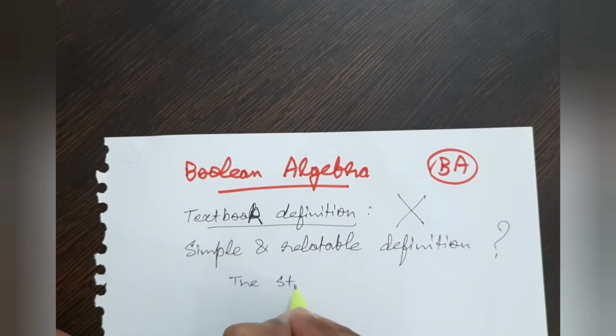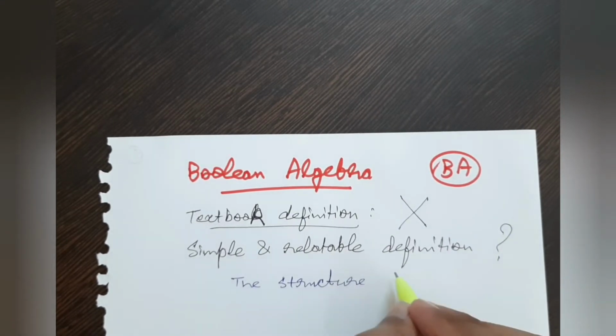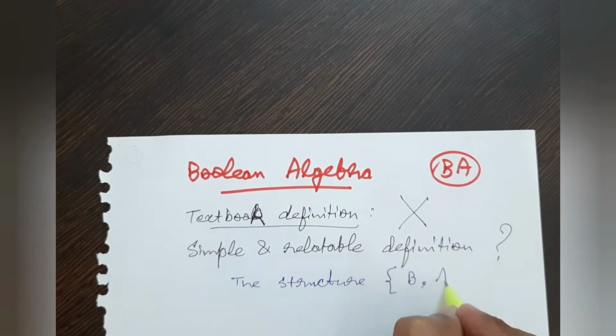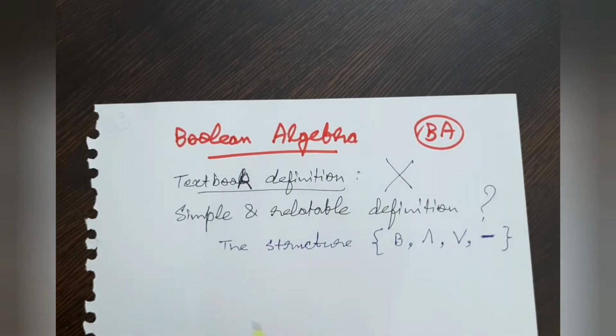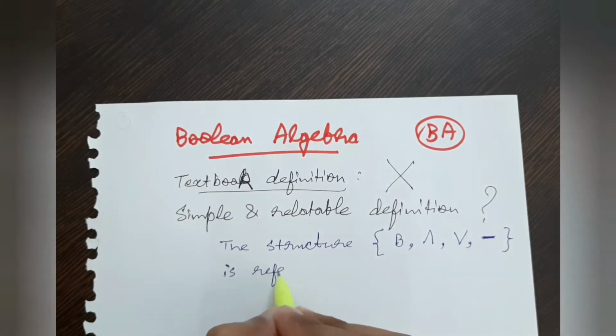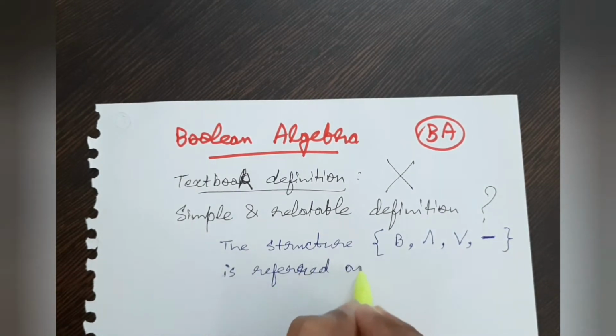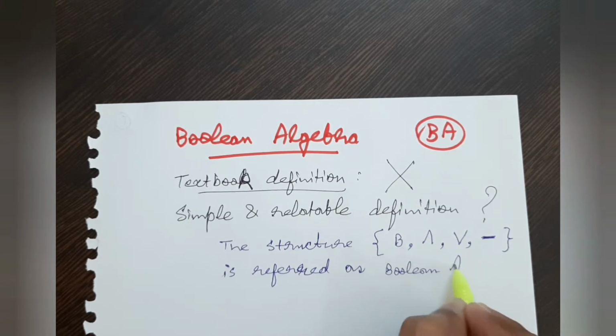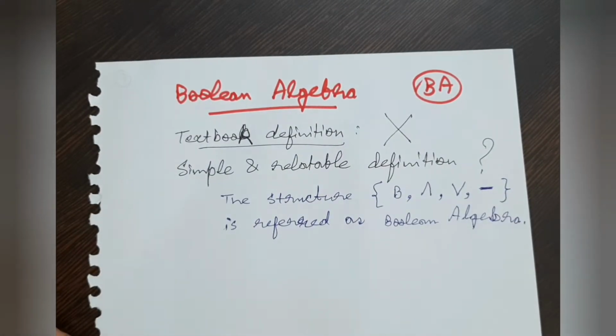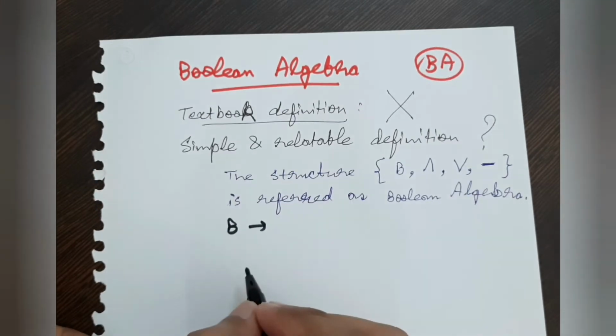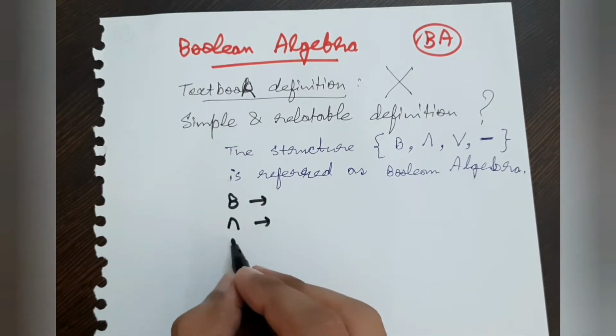So in simple terms, the structure, inside the bracket you can see B, then two symbols, then a dash like sign which is a complement. I shall tell you later what these signs are. This structure is referred to as Boolean algebra, where B is a set which comprises two elements, 0 or 1.